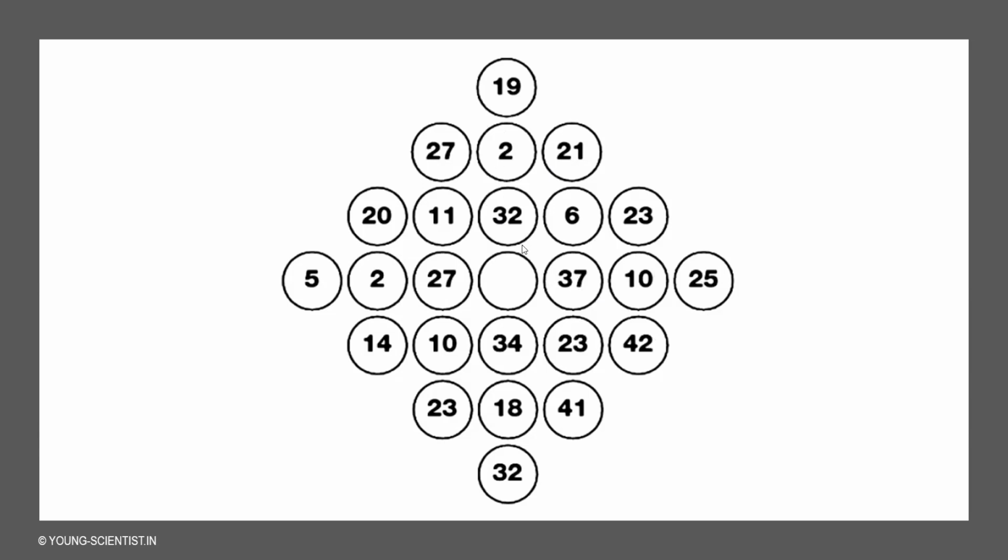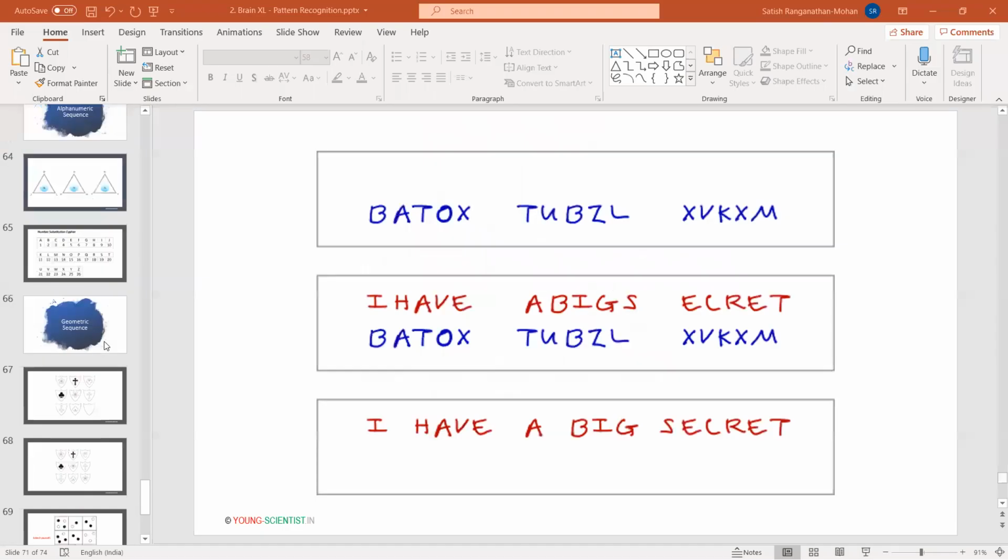The common difference here is 5. So what I'm saying is, if you look at the numbers diagonally from top left to bottom right, you get arithmetic progressions.